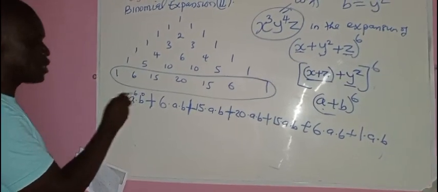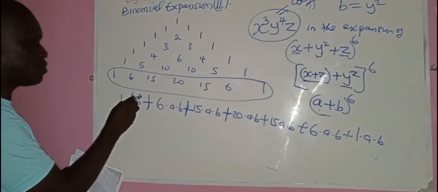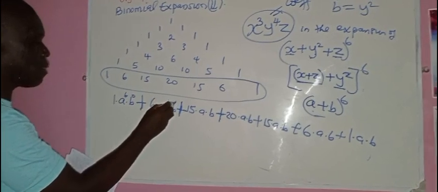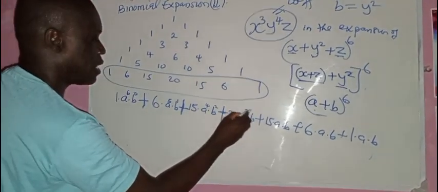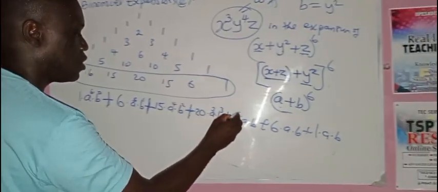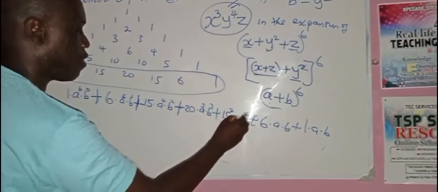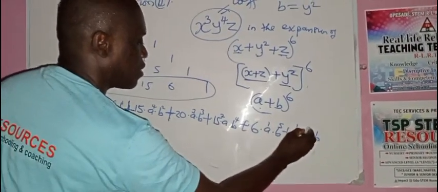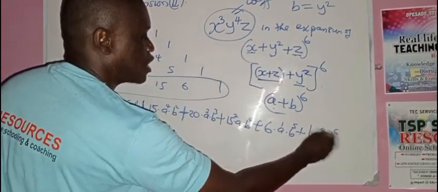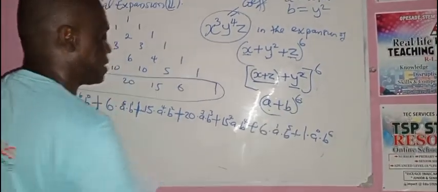This will be 0 because the sum must not be more than 6. This will be reducing, this will be increasing: 5, 1, 4, 2, 3, 3, 2, 4, 1, 5, 0, 6. The sum total of the exponent must not be more than 6.